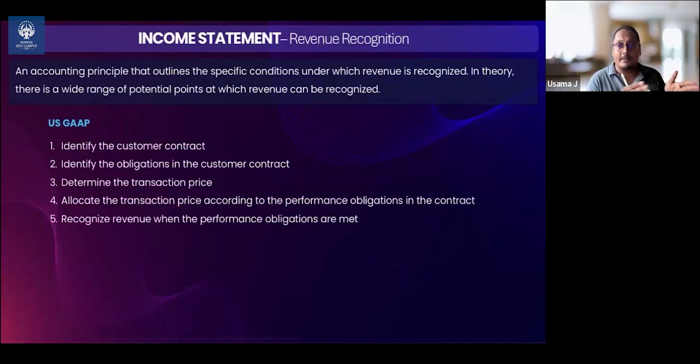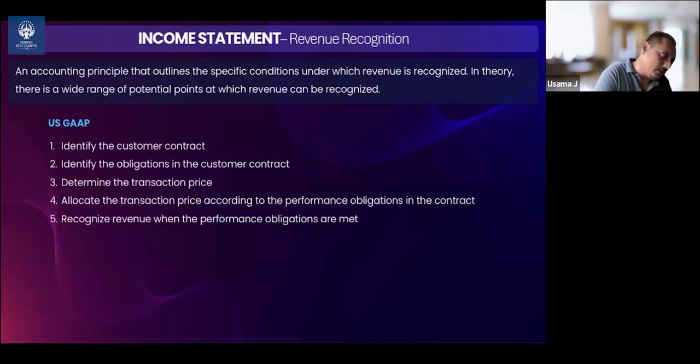Determine the transaction price. What is the value of the respective product? Allocate the transaction price according to the performance obligation in the contract. Are there any specific details in the contract relating to the performance obligation? Recognize the revenue when the performance obligations are met.